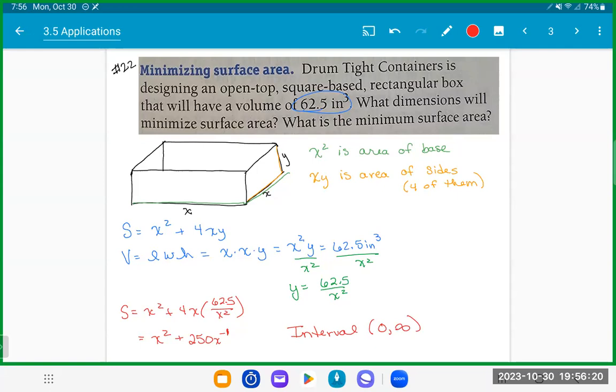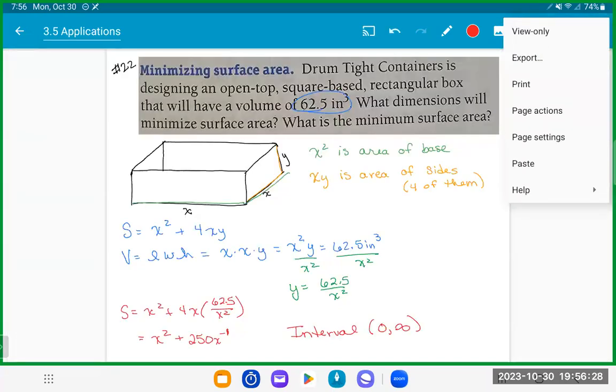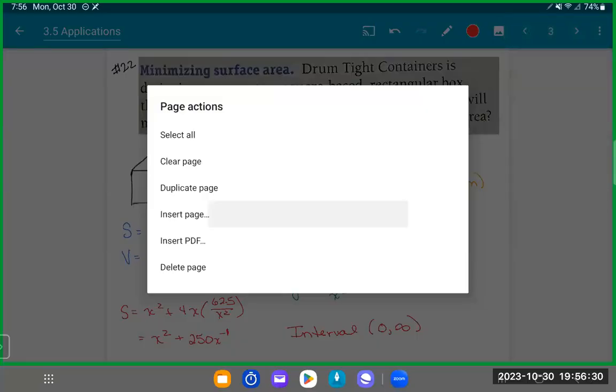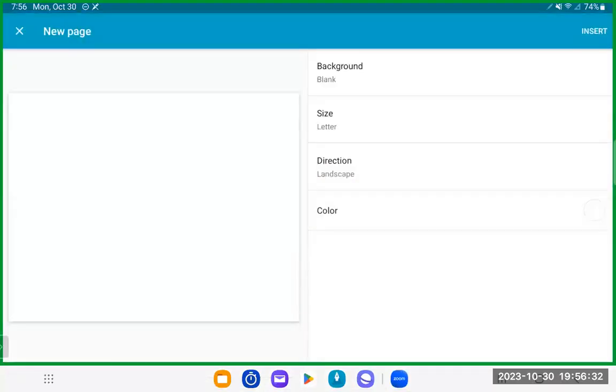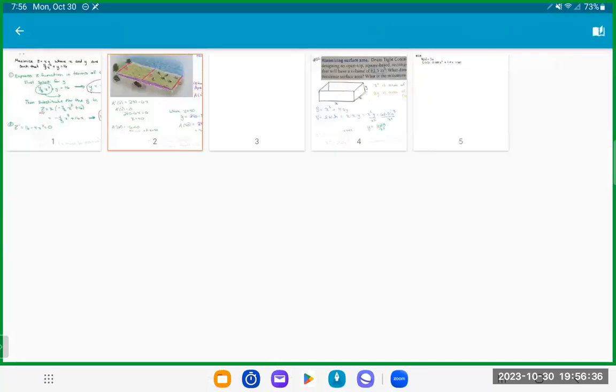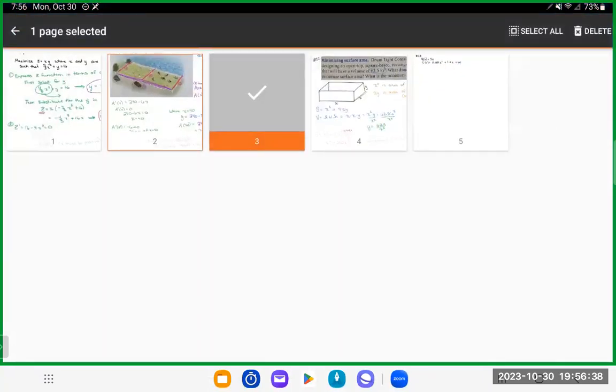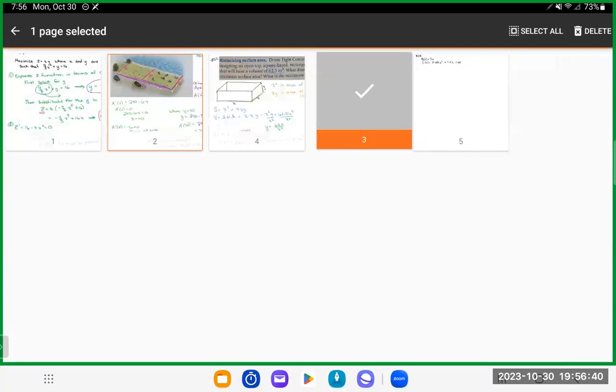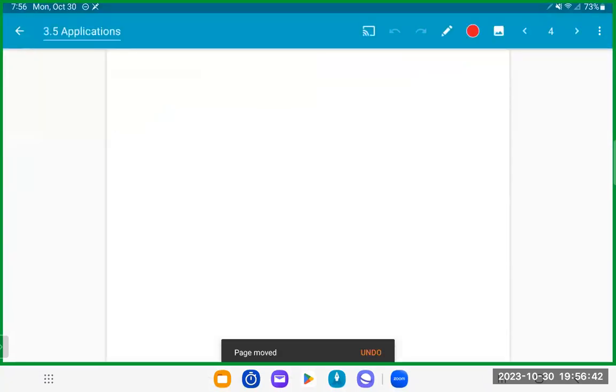We can't have a negative surface area. I'm going to add another page in here so we can have more writing space.